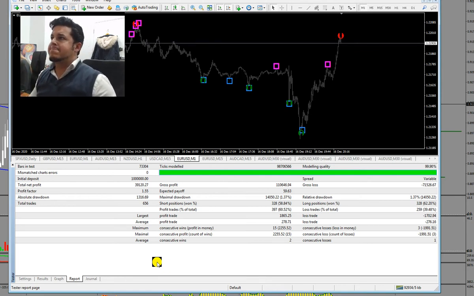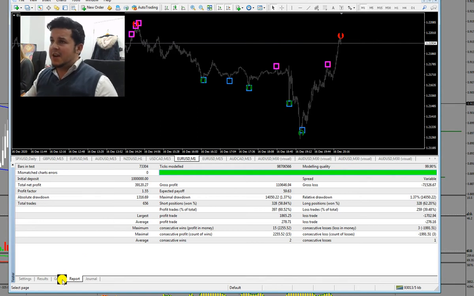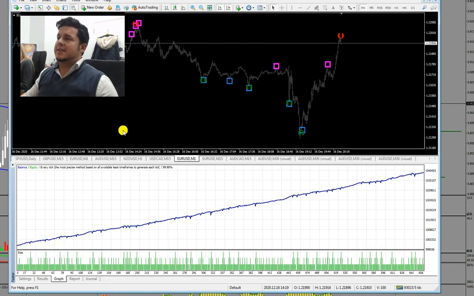But be skeptical, because as you can see, it's 99% modeling quality, it's tick data, it's with everything included, variable spread, slippage, etc. So be aware that those good results, which are representative, don't get me wrong, they don't mean that this is a safe strategy and that it cannot lead to substantial losses.